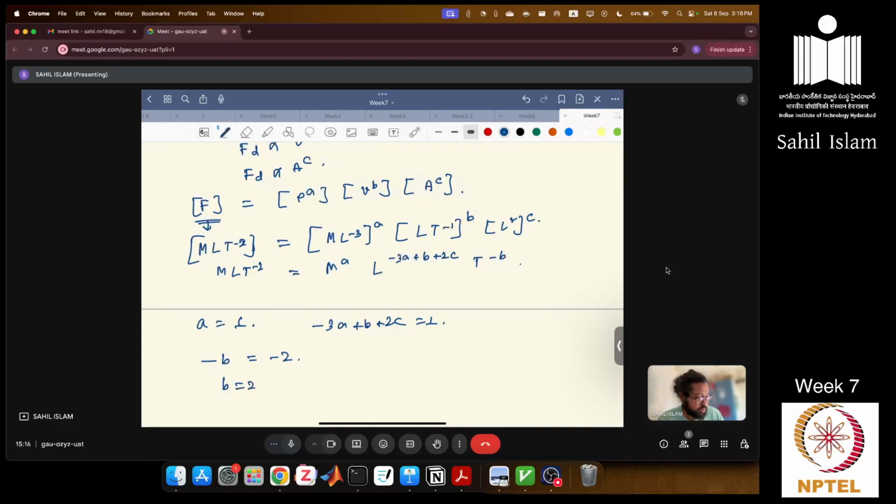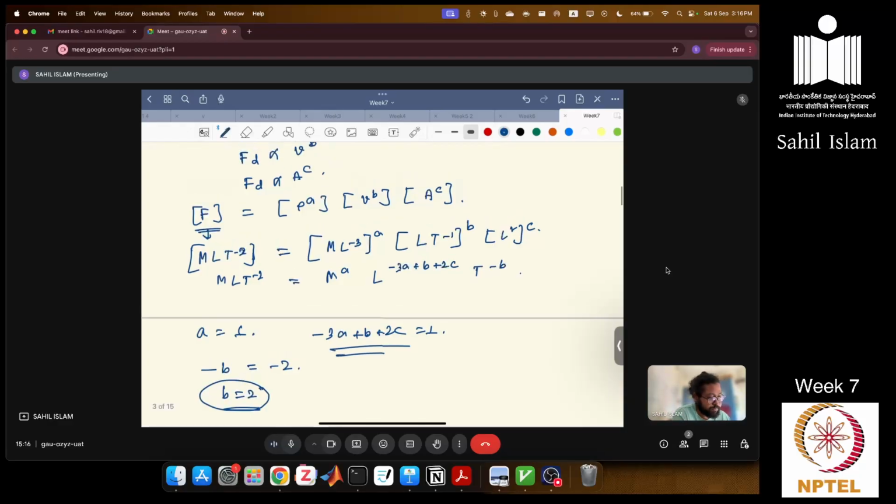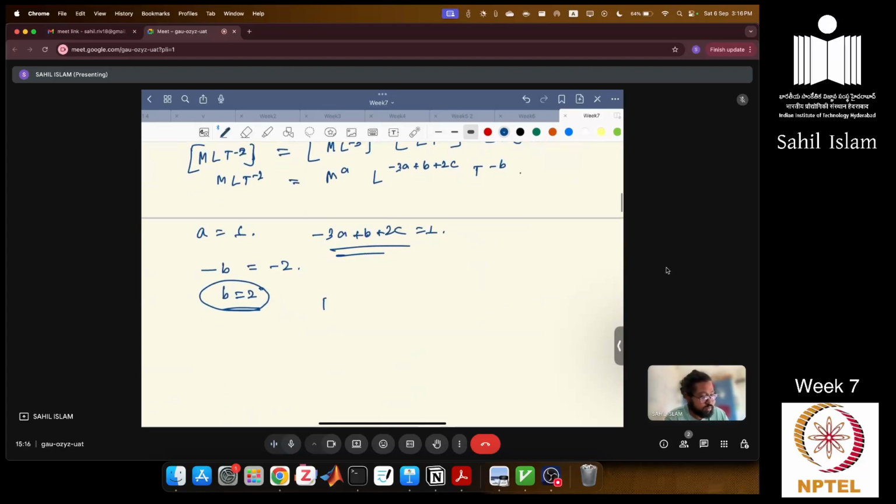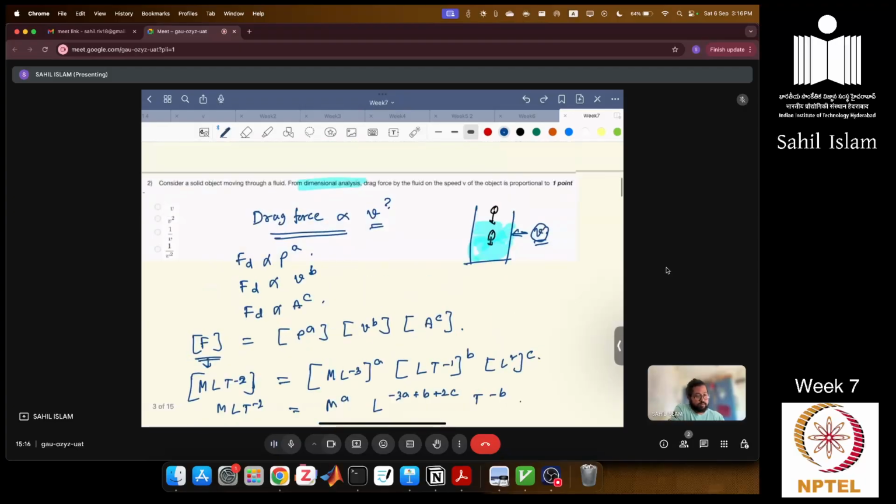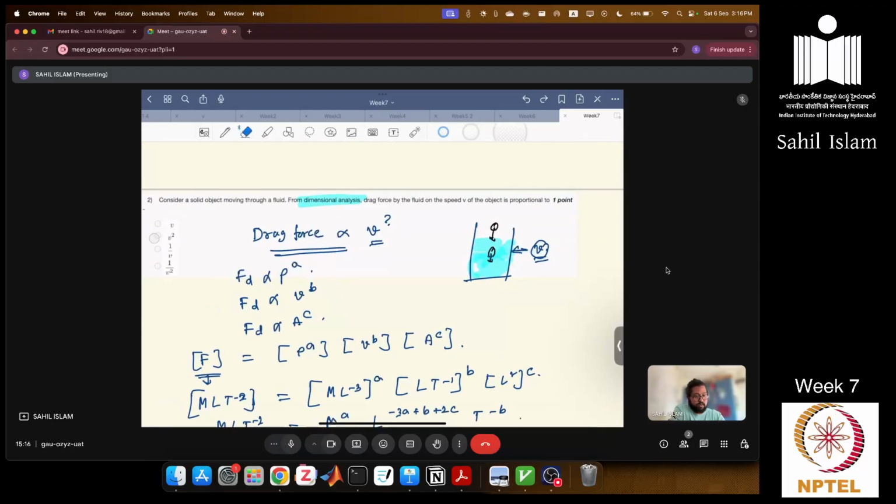So b equals 2. This is all we need to solve this. The drag force becomes proportional to v squared. This is the correct answer.